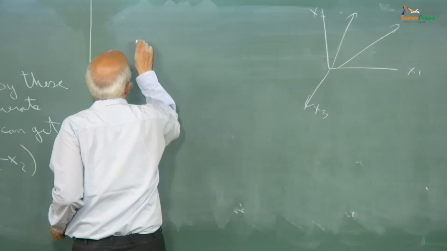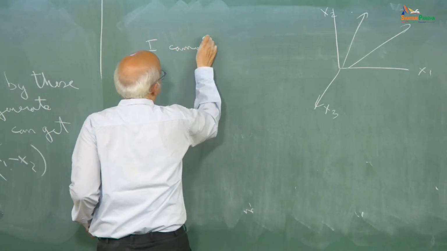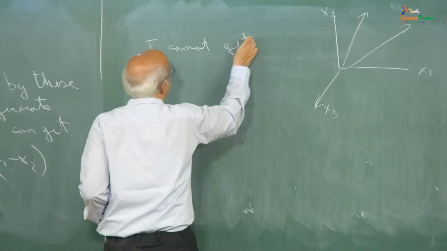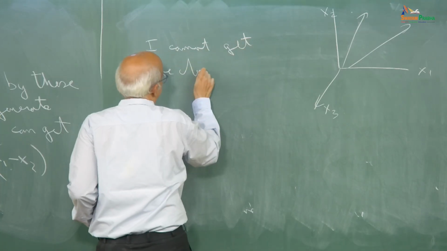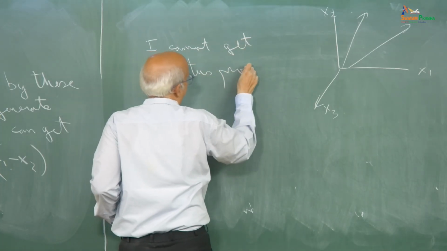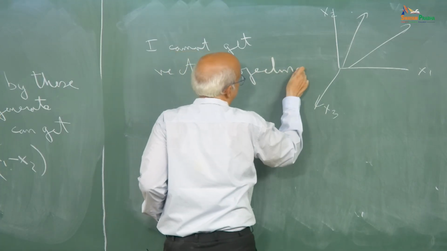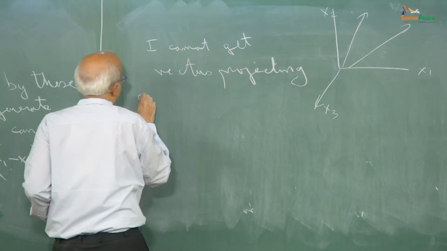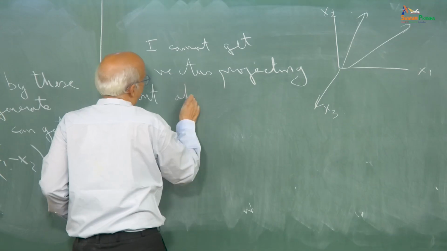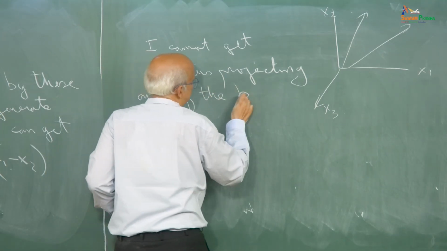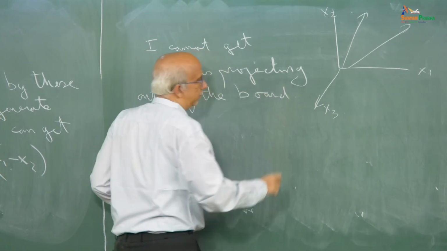I cannot get vectors which have any component in the x3 direction, okay. I cannot get vectors projecting out of the board, okay.